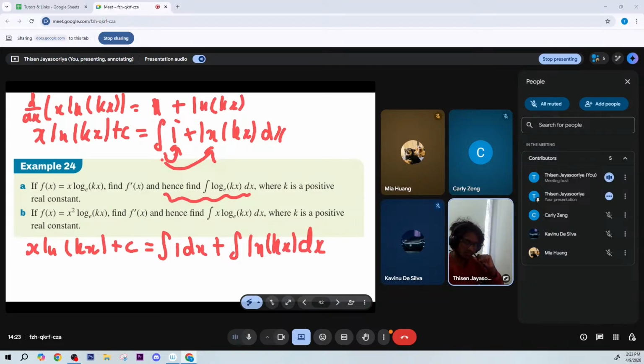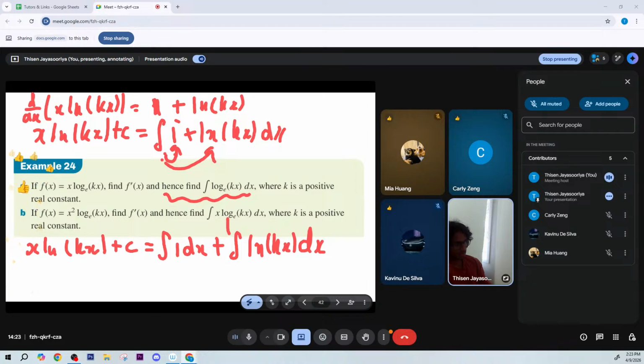Does that make sense for everyone? Is that all good? Does that property make sense? So I'm just distributing that integral to each term. Okay.